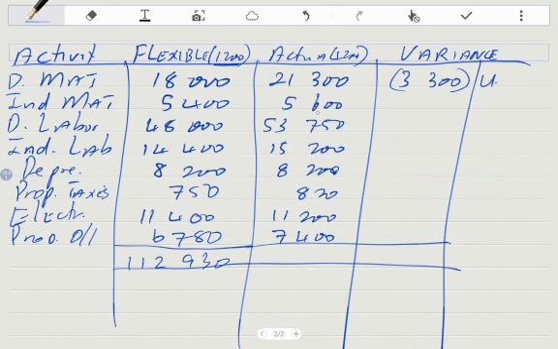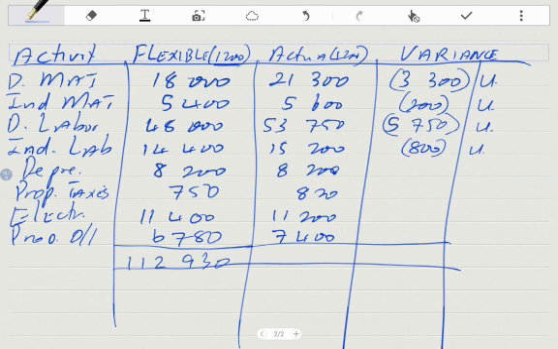Again, unfavorable by 200. Indirect labor, the plan shows 48,000, but the actual result is 53,750. Again, a negative of 5,750. Someone is going to be fired in this company, I'm telling you. Indirect labor 14,400, but the actual result is 15,200. So it's unfavorable by 800.